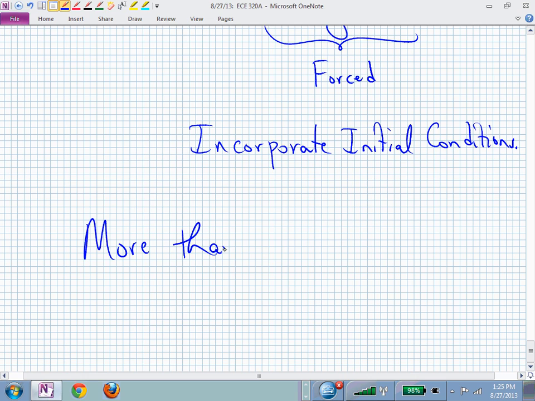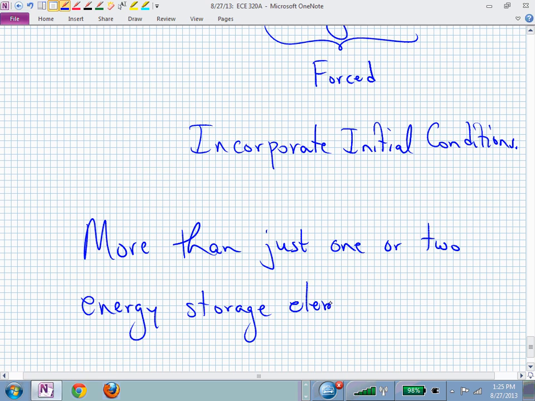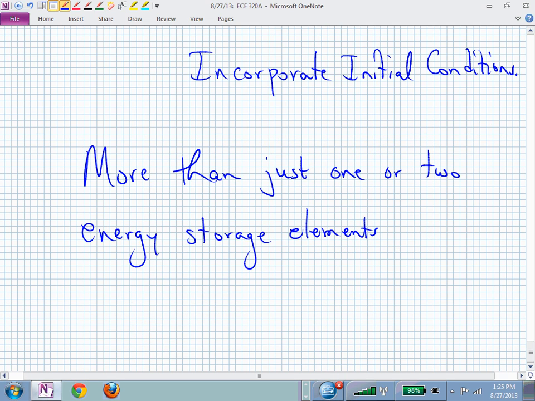And I think that's what you were playing with in 220. First order transients and second order. Underdamped, overdamped, critically damped. We can now play with more than just one or two energy storage elements.